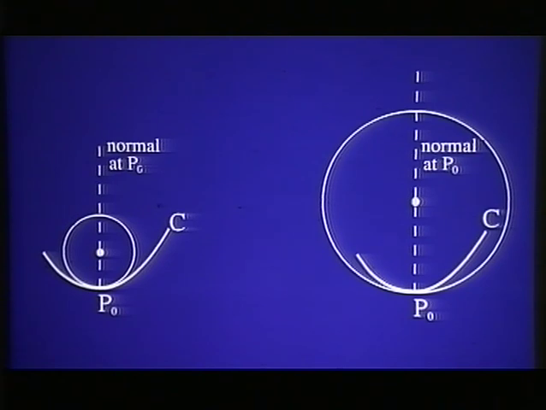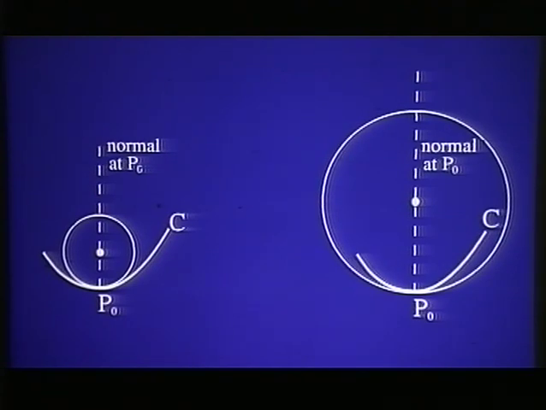So I'll begin by making a simple observation about the relationship between circles and curves. So here we have a curve which I've called C and a point P0 on the curve, and I'm going to look at various circles which touch the curve C at the point P0.